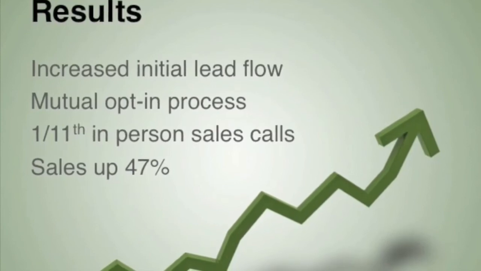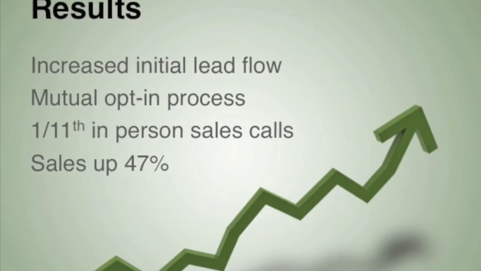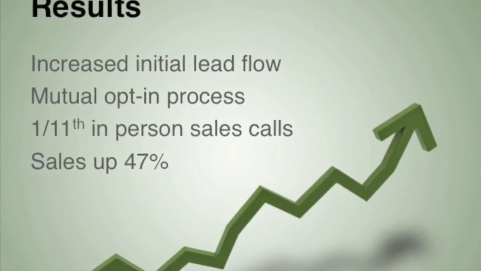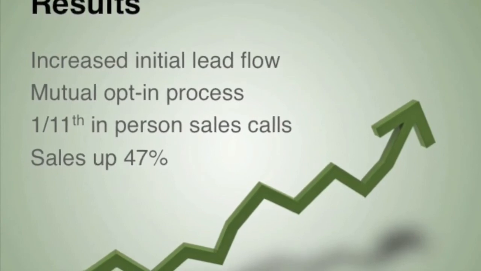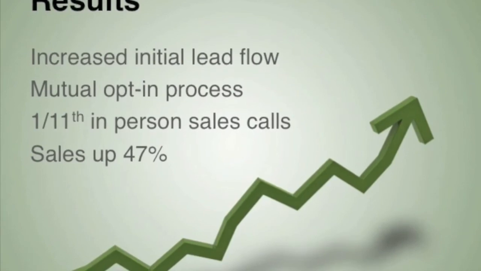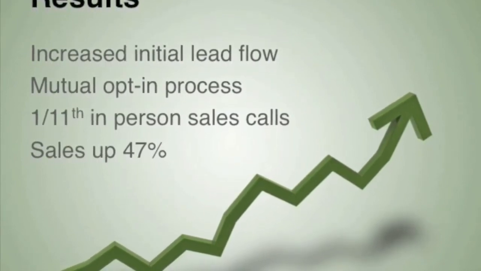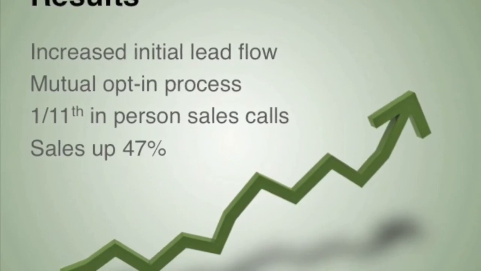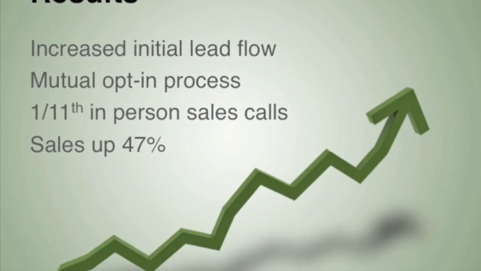Once the prospect completed that survey, we deemed them ready to talk to a live human and, frankly, qualified. That's what mutual opt-in is all about. The prospect opts into your process by you delivering ever-increasing value of information or services, whatever you want to deliver. You have to keep giving more to get them to opt in more. And then at some point, we opt in with our time, energy, and personal commitment to that person.